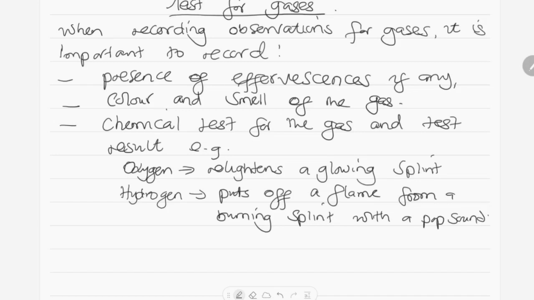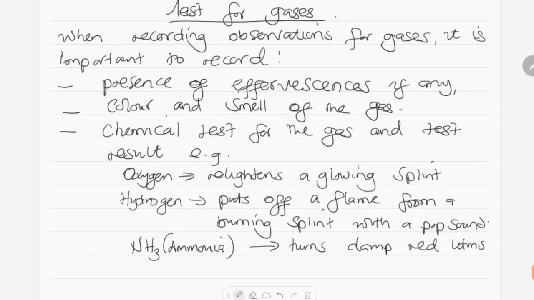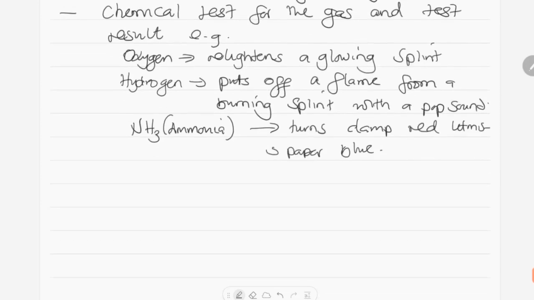Then we have ammonia. Ammonia turns damp red litmus paper blue. Then chlorine gas.